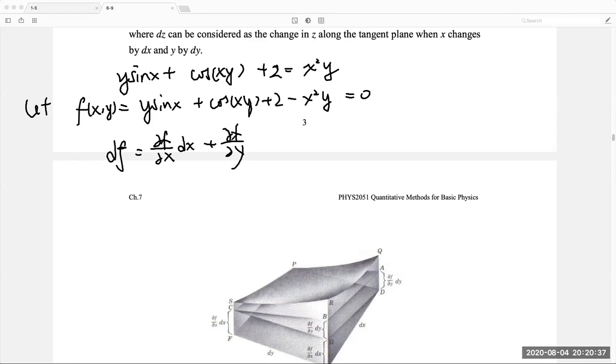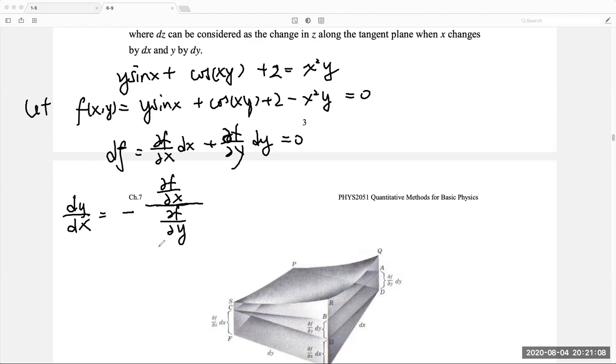And because f is a constant or 0, that means the change in f is always 0. Yeah, we get one very important formula. Because f is always 0, like this one.